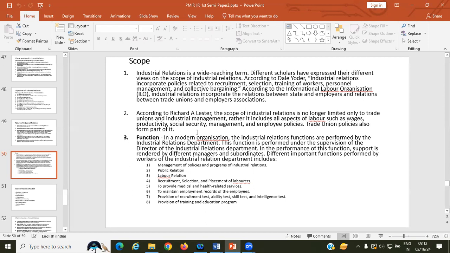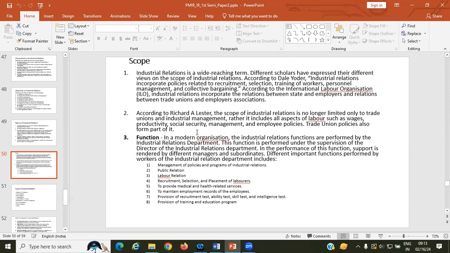recruitment, medical and health service, maintaining the employment record, the employees' record, what is their name, details, contact details, address, age, everything.